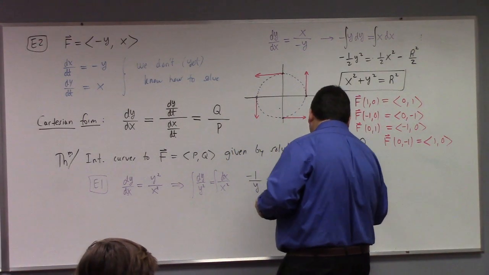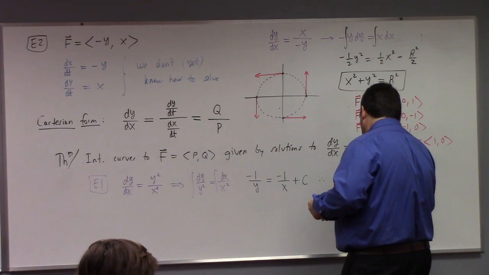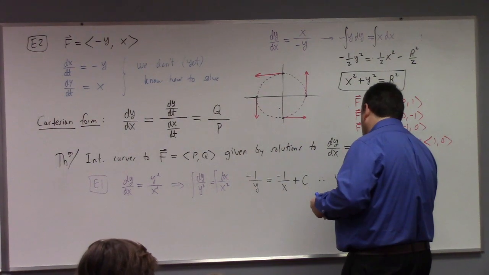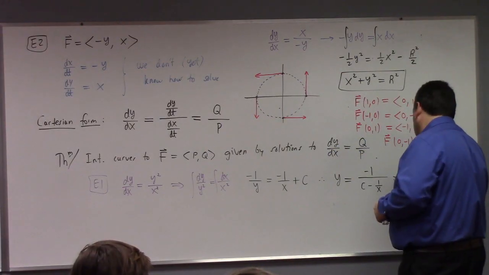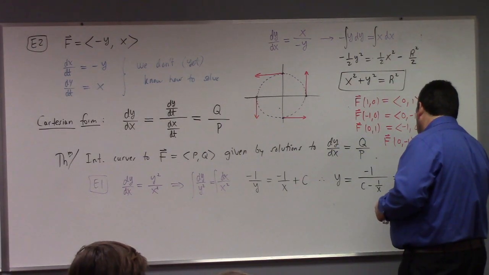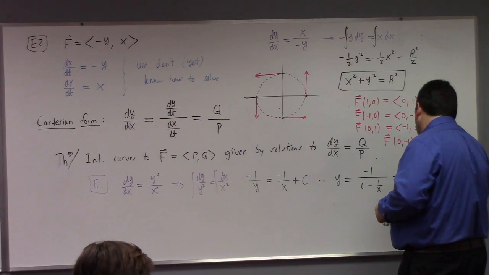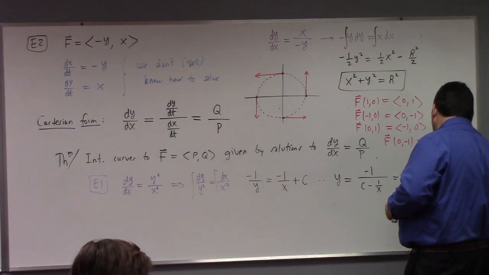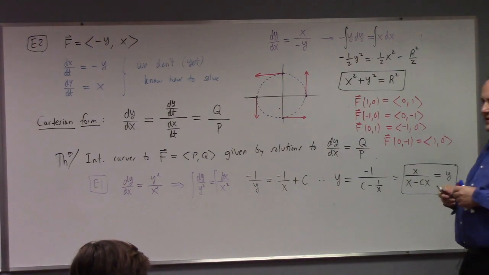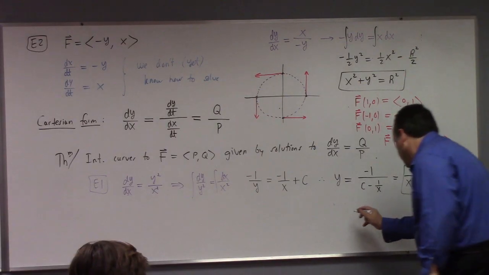So therefore, the Cartesian equation of those curves is simply y is equal to minus 1 over c minus 1 over x, which you could rewrite differently if you wanted. I guess I could write that as x over, say, c x over x minus cx, I suppose. And again, you can see that weird thing going on if I write this.